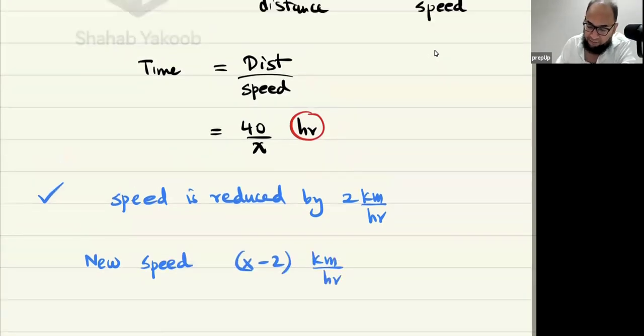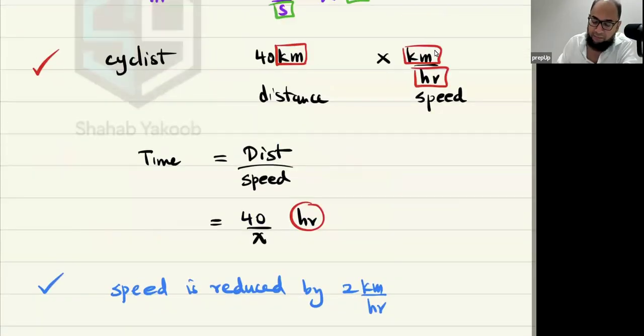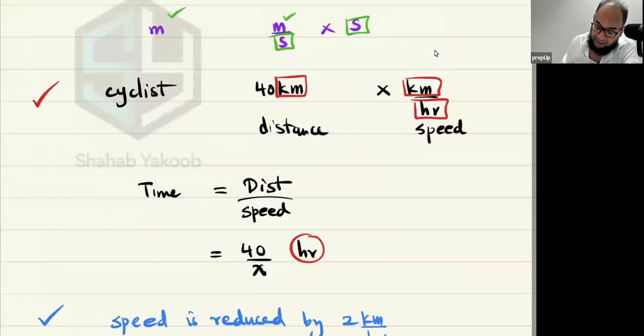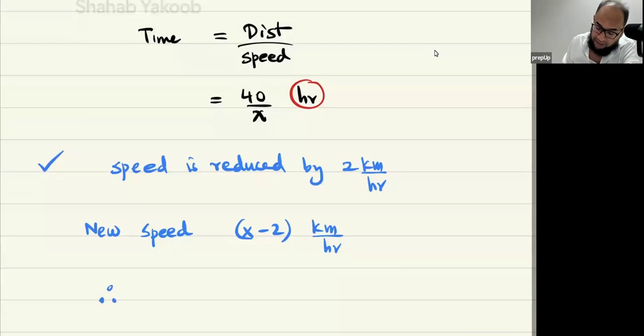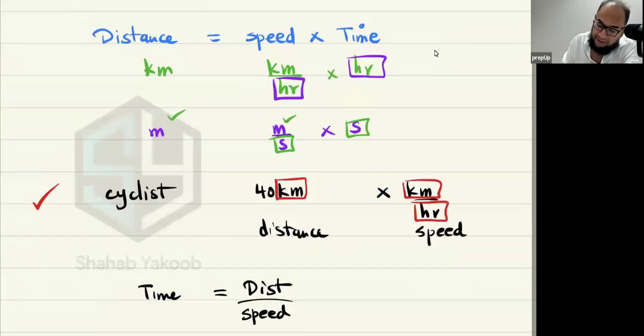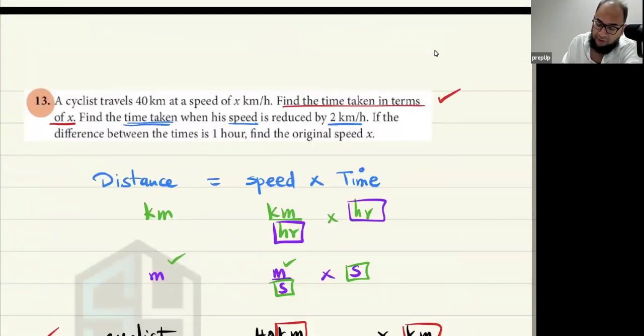That is the first thing. What else is there? Now we are interested in the time taken. Therefore, time taken, the distance is still the same. That is 40 divided by x minus 2. So this thing is done. That is the time taken over here.